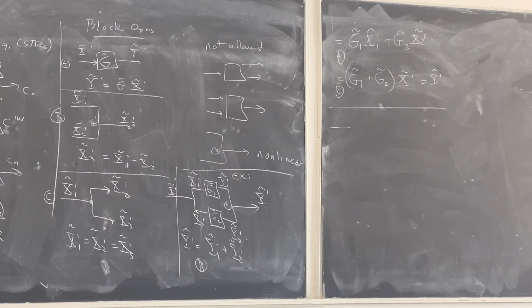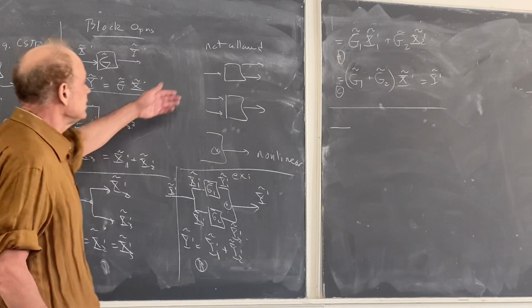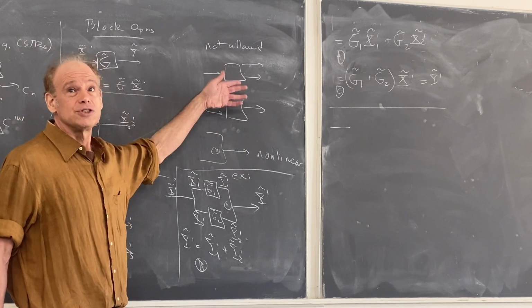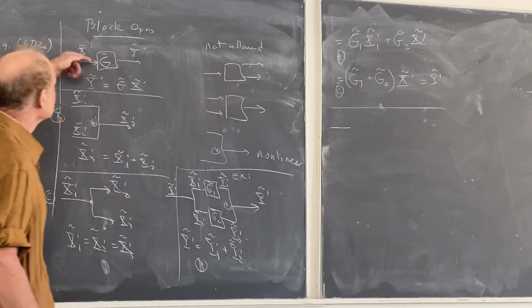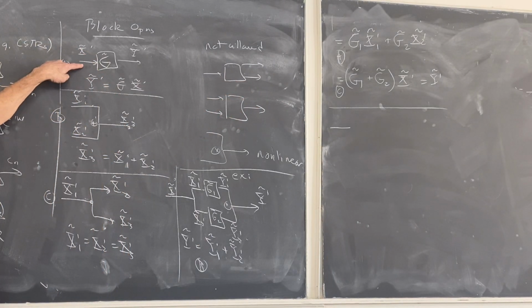I don't understand what you mean by the not allowed ones. Meaning I don't know what those diagrams mean. I just don't know how to translate these into equations. So they're meaningless because I don't know how to translate them into equations. I know how to translate these. I know what equations these stand for.